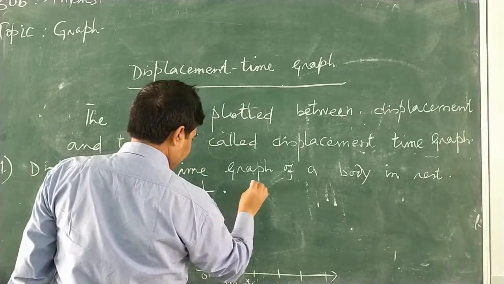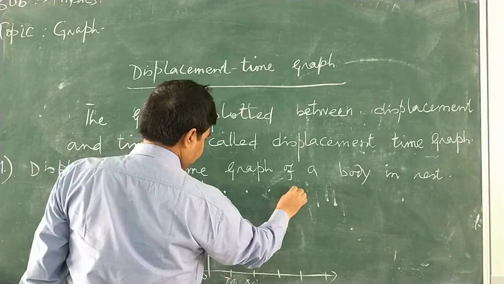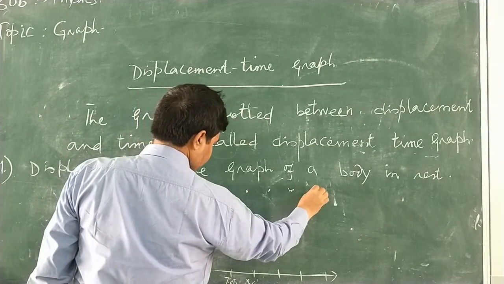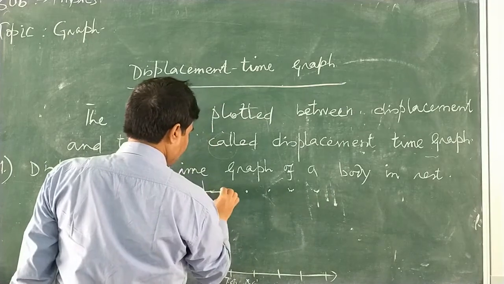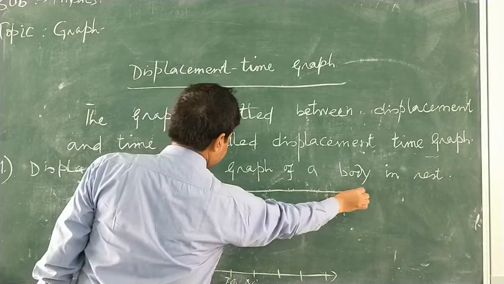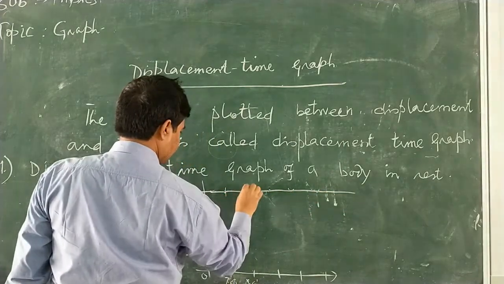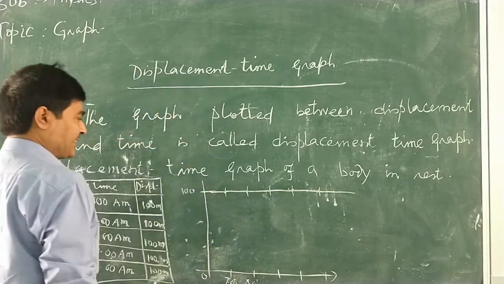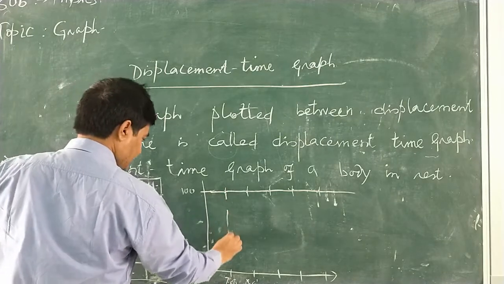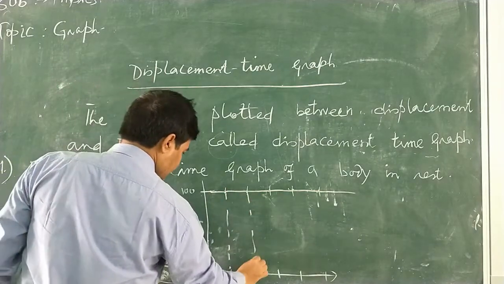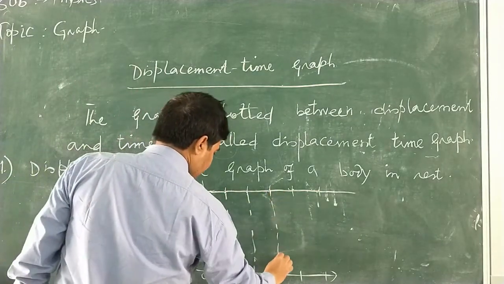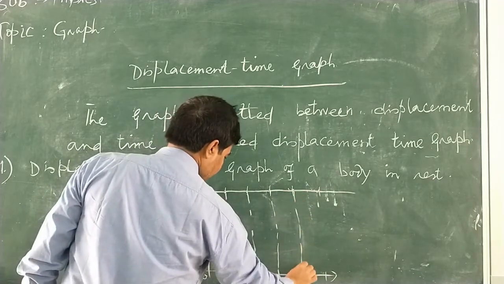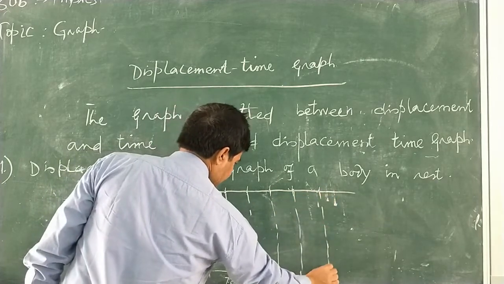We will have the 5 points like this. When we join all these 5 points, we get a straight line parallel to the time axis, parallel to the x-axis.